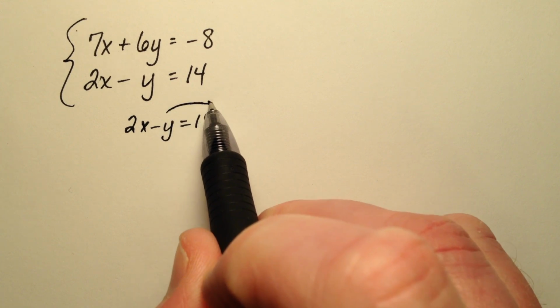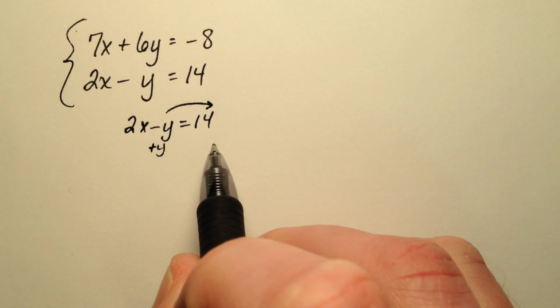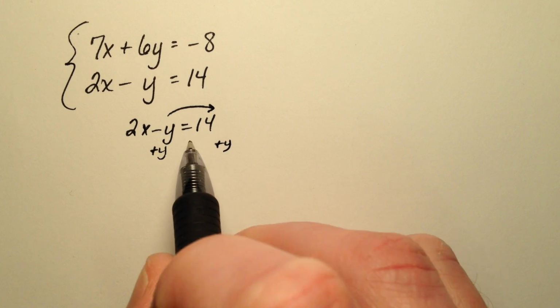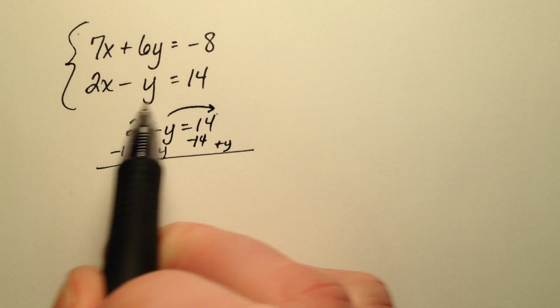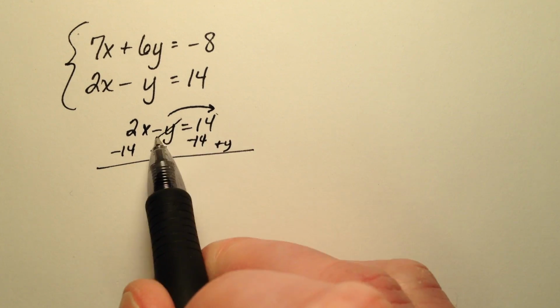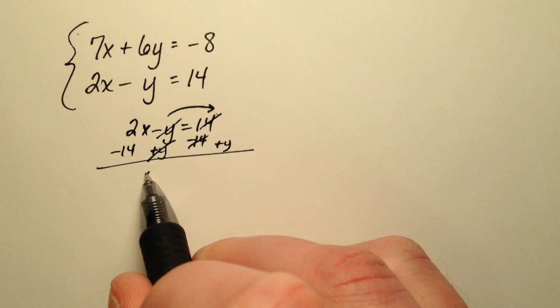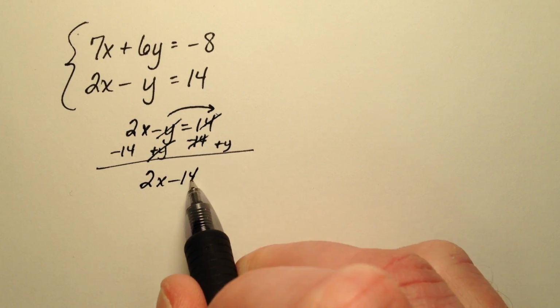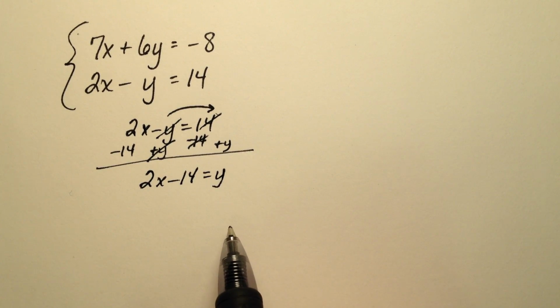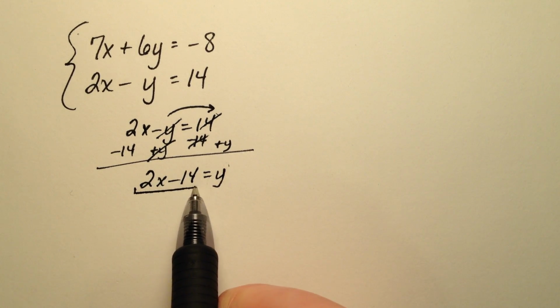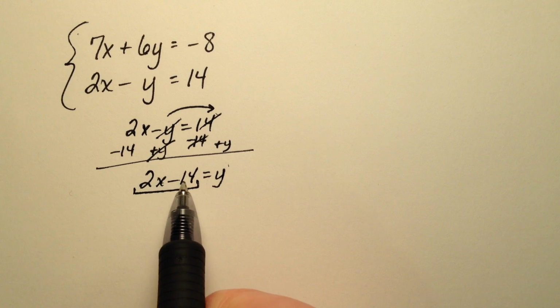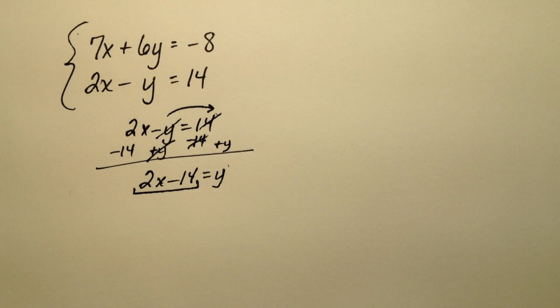So I'm going to move the y to the right side by adding y to both sides, which means I need to get this 14 off the right side and over to the left side. So this will look like 2x minus 14 equals y. So anytime I see the variable y, I can associate it with this expression 2x minus 14.